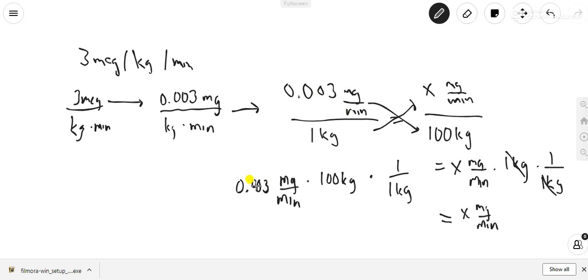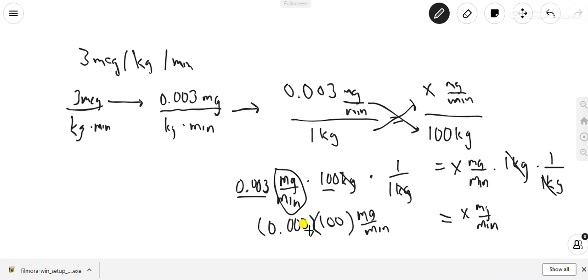And then I have 0.003 milligrams per minute, and the kilograms cancels out on the left, and this is just 1 over 1, so that's just 1. And so I take my two numbers, 0.003 and 100, multiply them together, and I'm left with the correct units, milligrams per minute, as such.